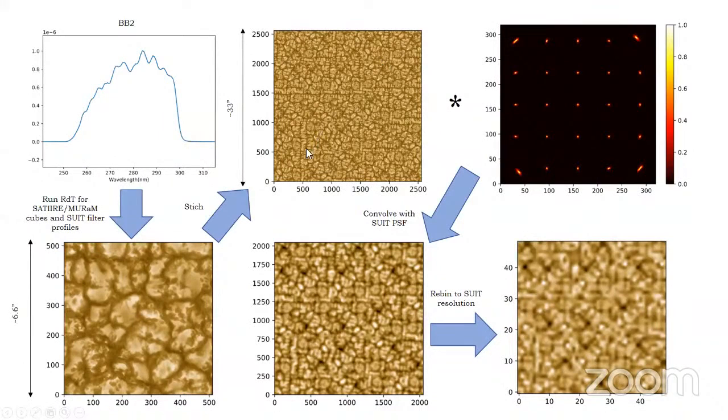Yeah. So we stitch these maps up so that the angular scales become comparable with the SUIT PSF that we have. Currently, the characterization for the SUIT PSF is going on in the labs. Throughout this work, we have used the modeled PSF. The SUIT field of view is about 0.75 degrees in both directions, and the PSF is modeled in 25 independent patches.